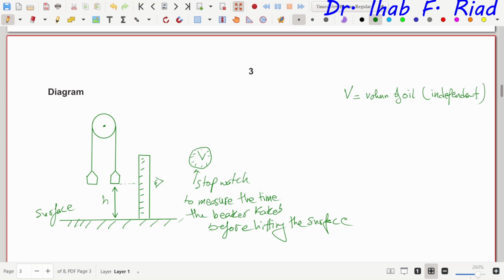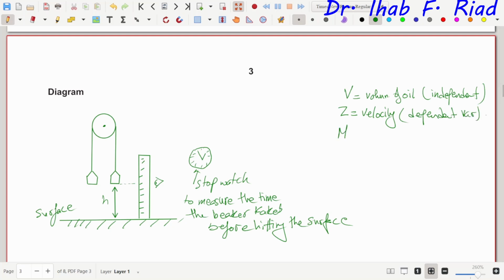It is independent because it is the one that we can control. Each time we can put a known volume in the beaker, then we measure the velocity Z, the dependent variable.